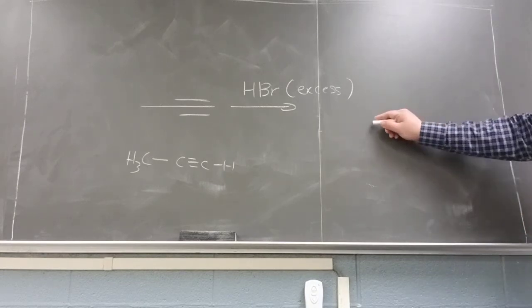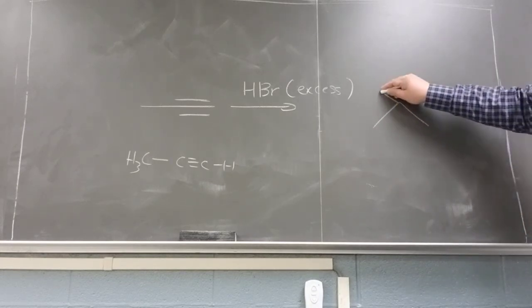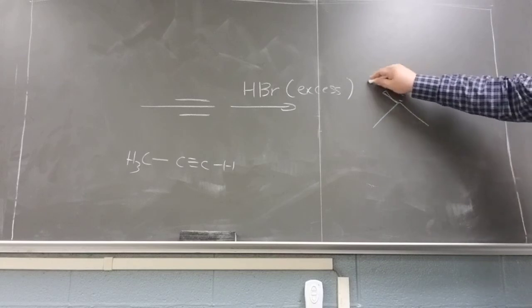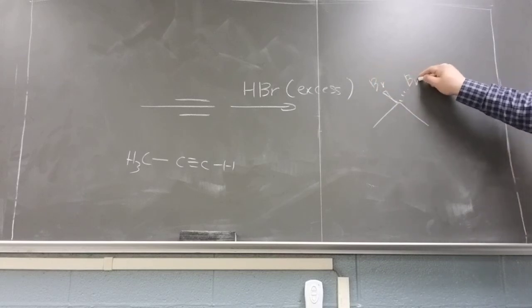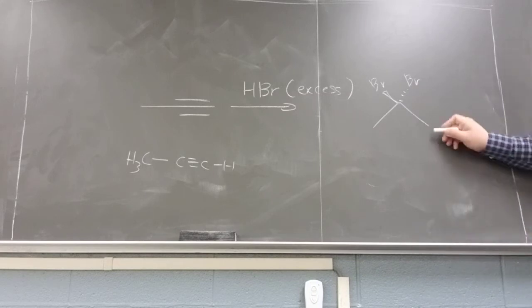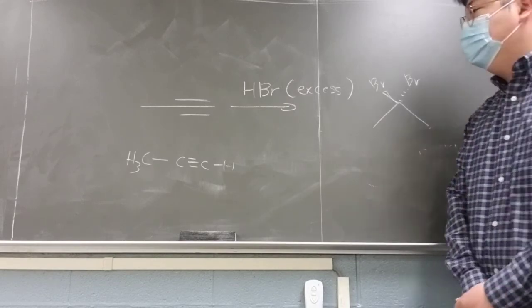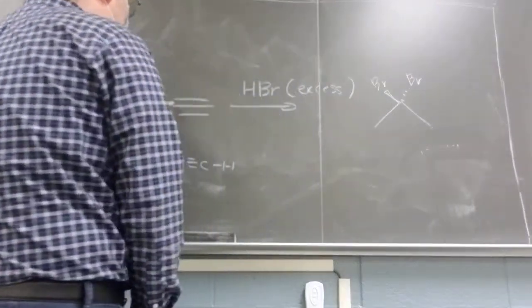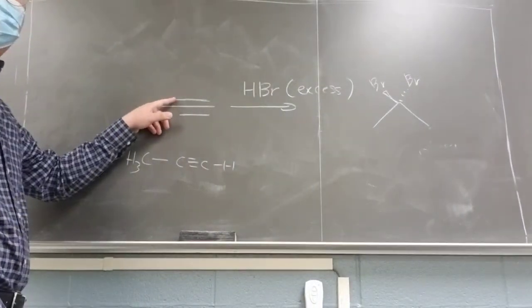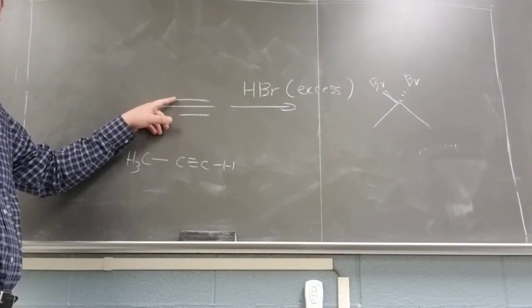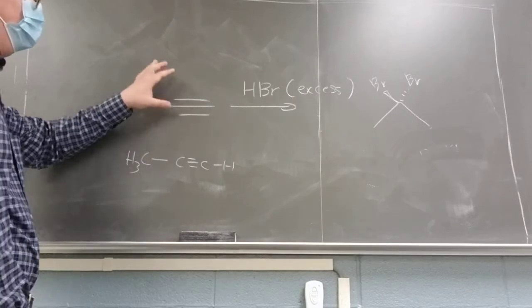Okay, so yeah. This one. There's an implied hydrogen here, but I'm going to show the bromine coming into this position because of the higher stability of a vinylic carbocation. Okay? And then one more.